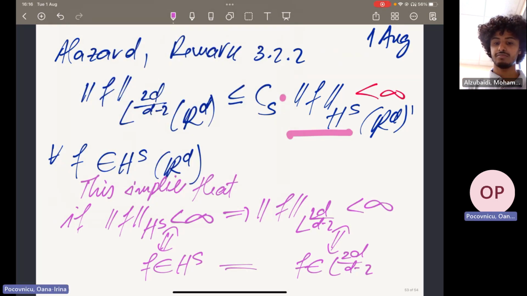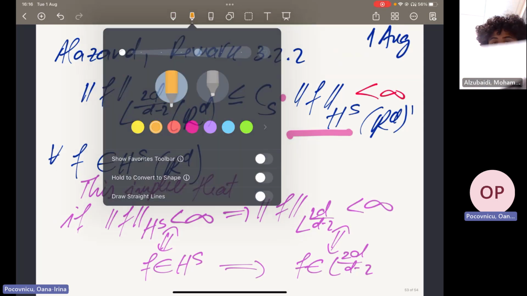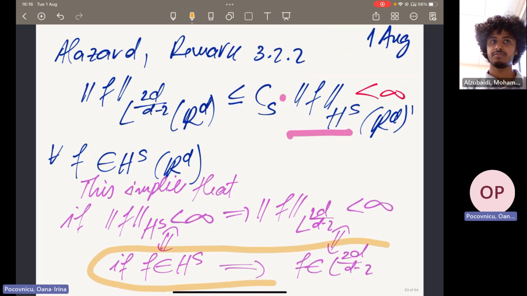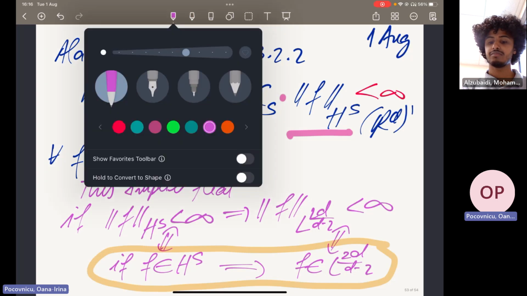Right, so we got this implication, and this is really the core. It says, I should say, whenever f is in H^s, then f is also in this L^(2D/(D-2)). So we have the following type of picture.